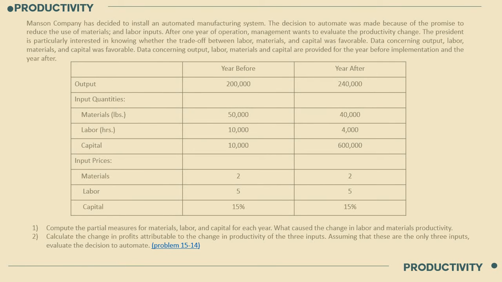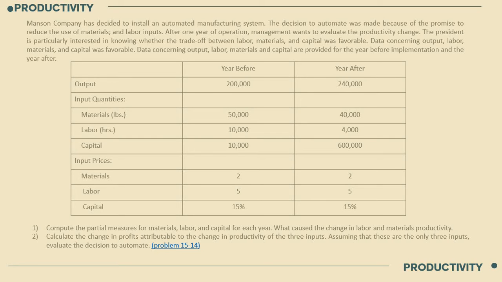And now let's proceed on to solving a short problem with regards to this topic. So let me read the problem to you. Manson Company has decided to install an automated manufacturing system. The decision to automate was made because of the promise to reduce the use of materials and labor inputs. After 1 year of operation, management wants to evaluate the productivity change.